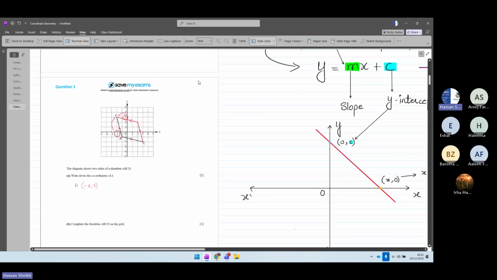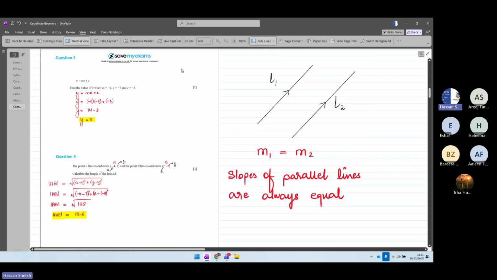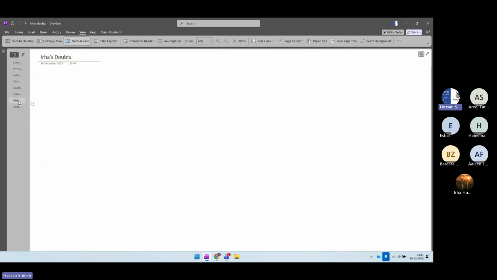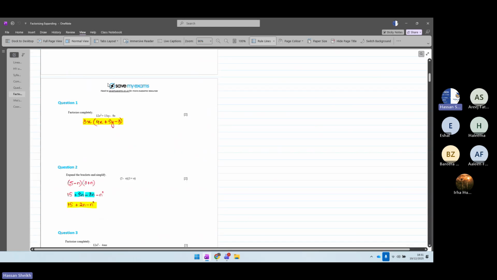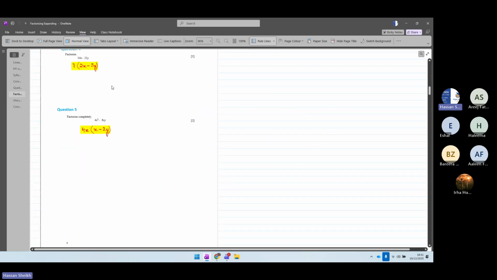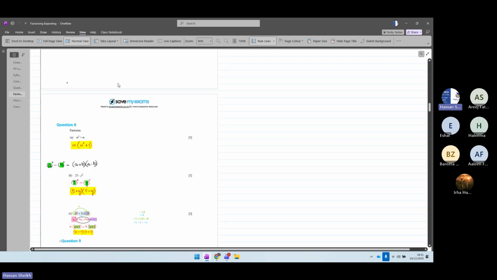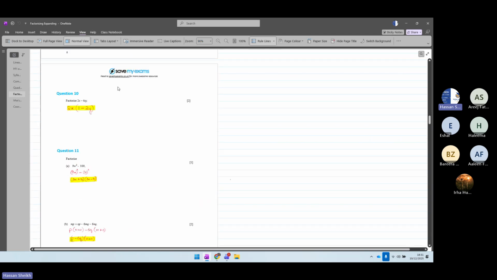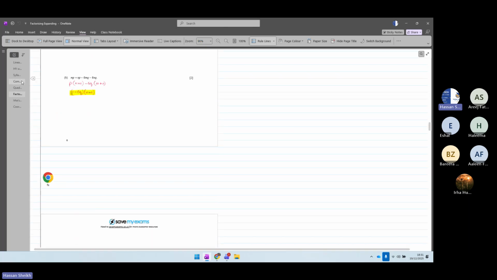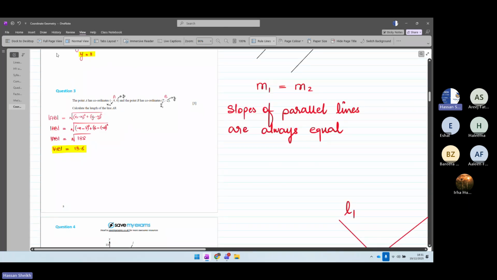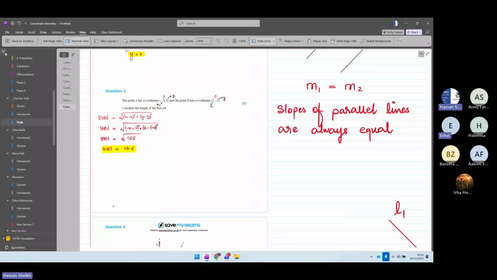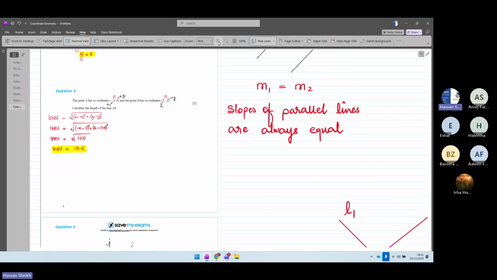These are the topical past papers we are solving since the start of the class. Yesterday we solved a lot of factorization and quadratic formula questions, and they are all topical past paper questions that have appeared in the past.